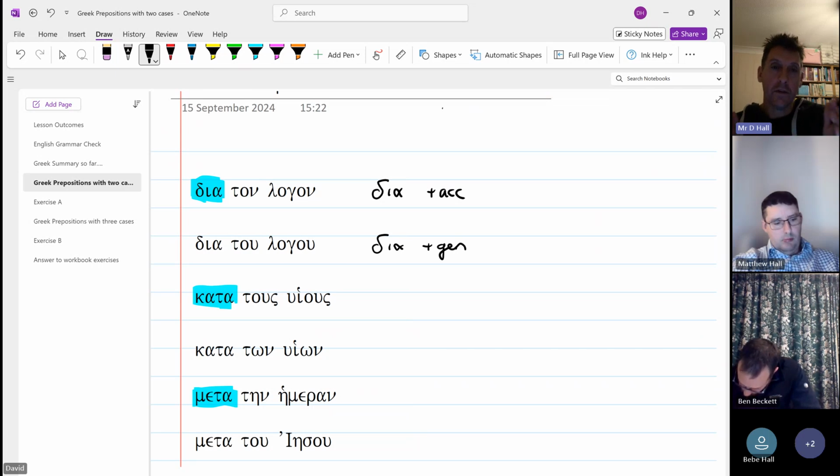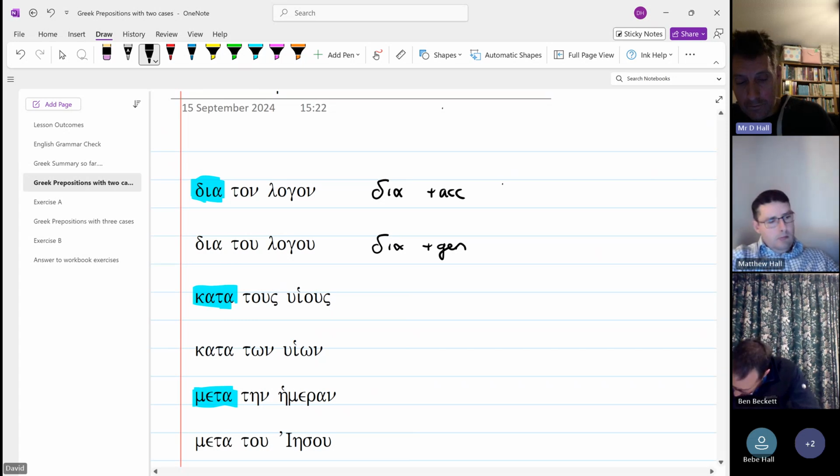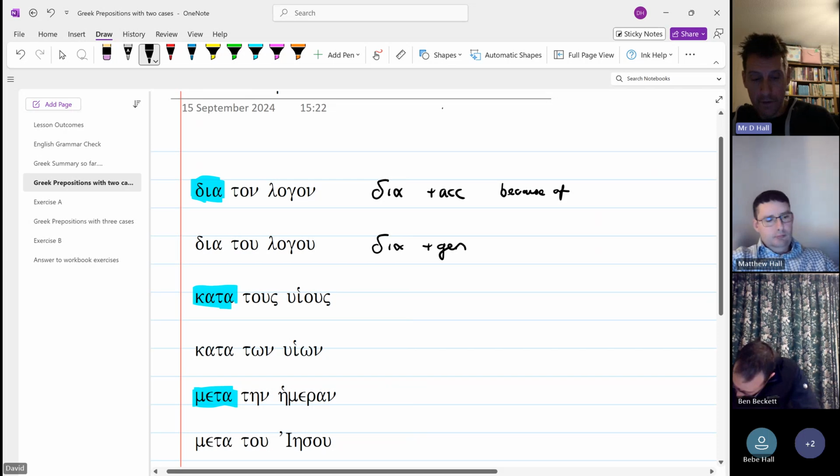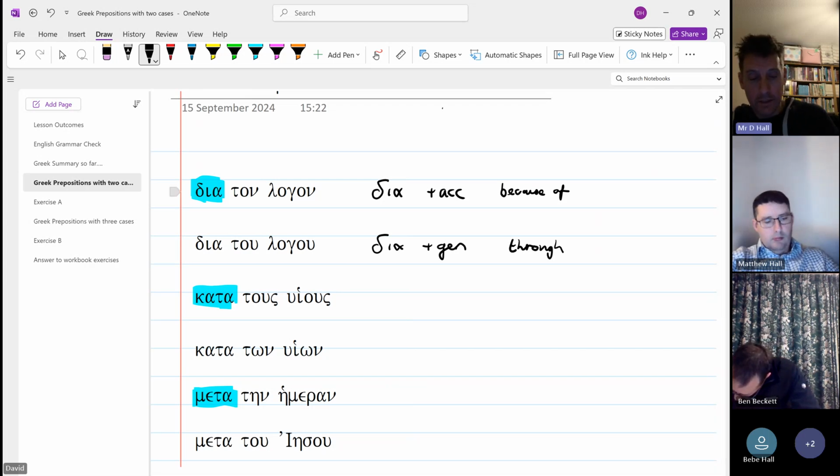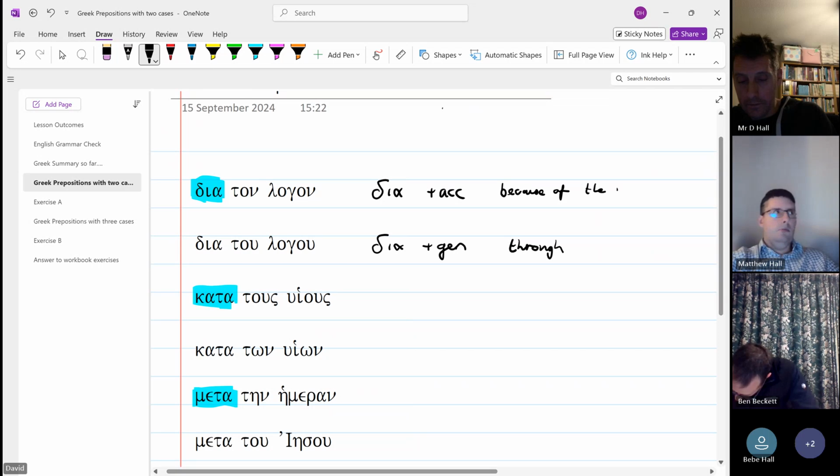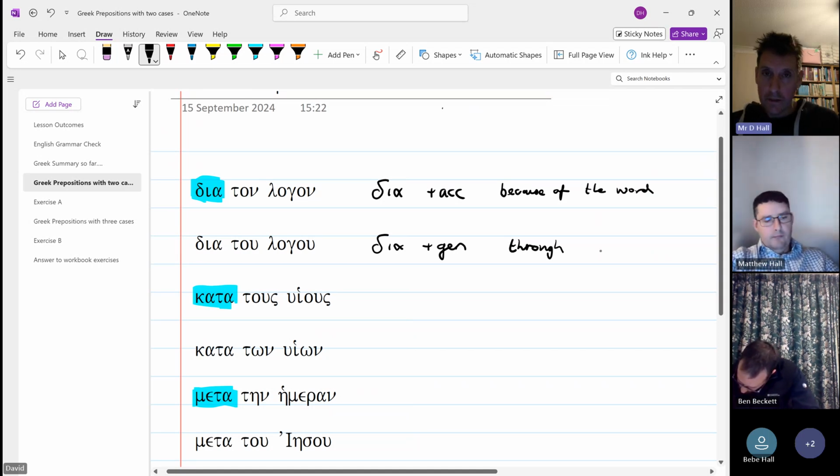But you do have to check the case of the noun in order to translate the particular preposition. So firstly, if it's in the accusative, it means because of. And if it's in the genitive, then it means through. So this first one means because of the word, whereas when it's in the genitive, it means through the word.